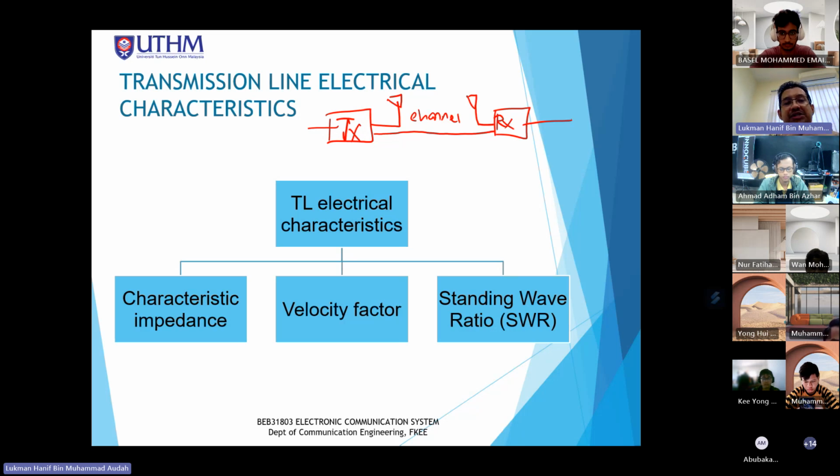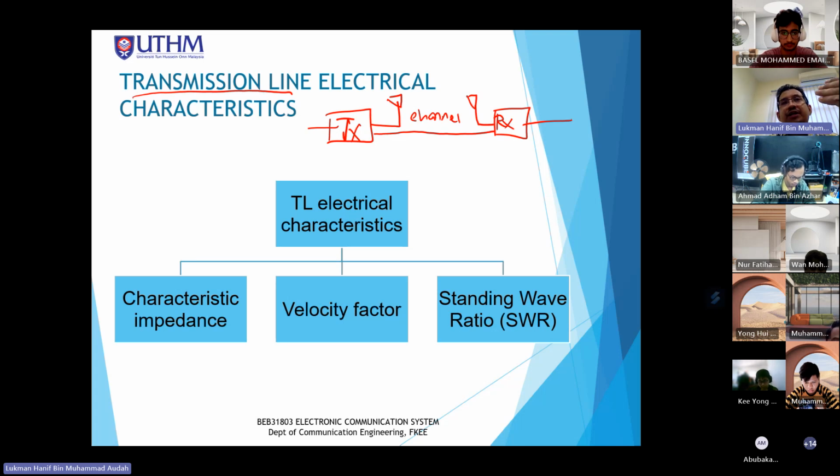For the transmission line, there are guided transmission lines for wired communication, and also unguided transmission lines for the wireless medium. So basically the word transmission line in your lecture notes explains about the channel or the medium that connects the transmitter and the receiver.